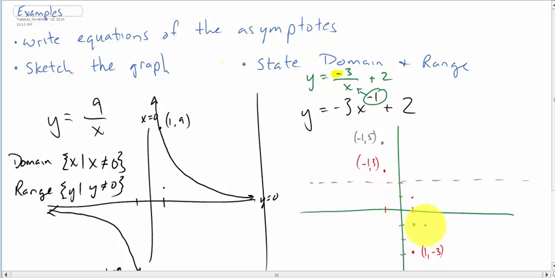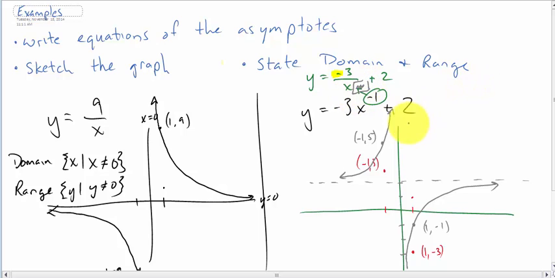It's now at 1, negative 1. And now we can draw our curve. The vertical asymptote doesn't change because there was no horizontal shift in this problem. There is nothing down here being added or subtracted to the x.